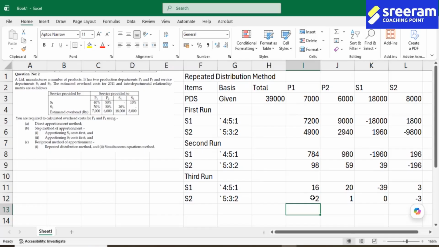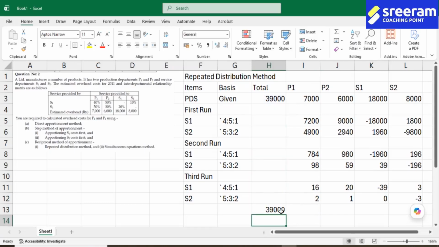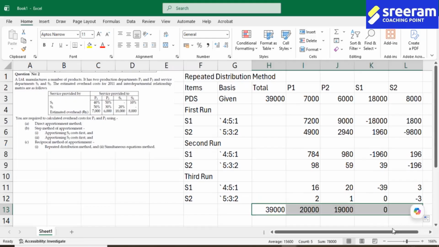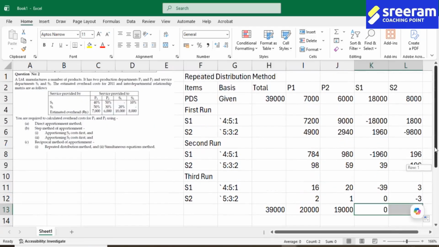Are you understanding? So now what is that I would like to do? I got to sum it up and ensure that 0 is there against service department, and 20,000 and 19,000 had just come against P1 and P2. Is that clear?